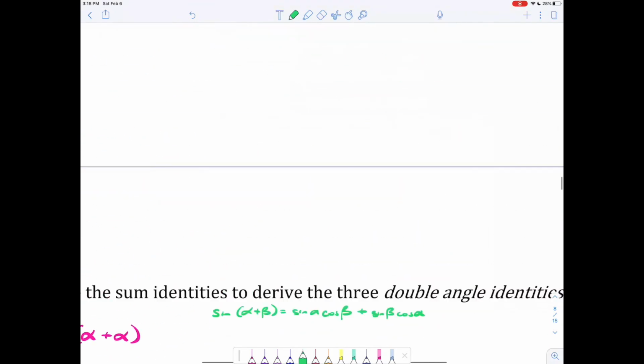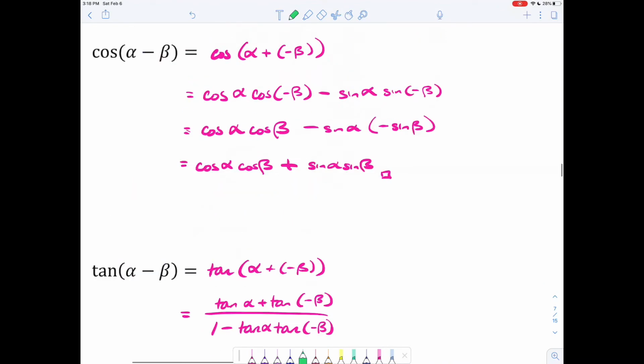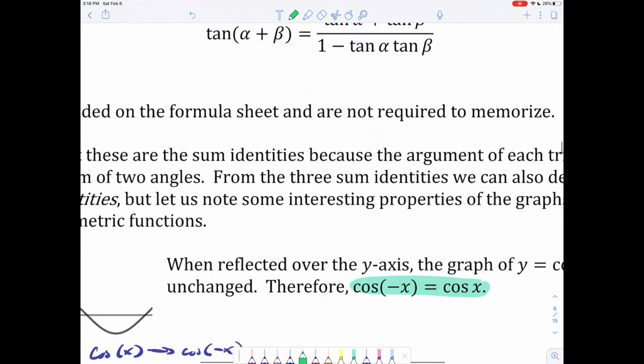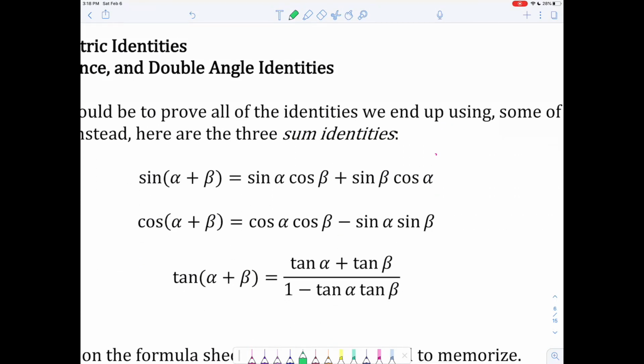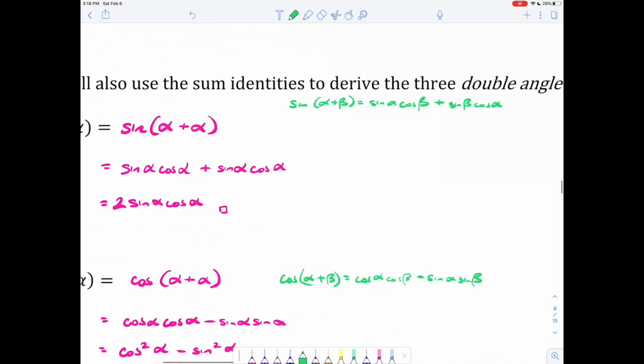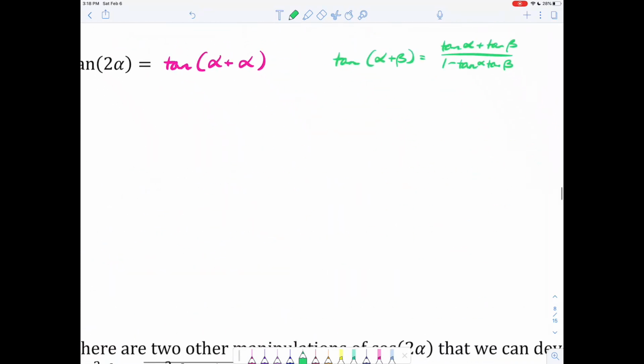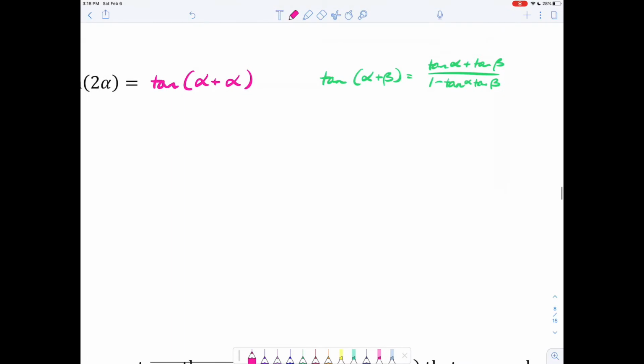Let's just double check. Don't want to make sure we're using wrong things. Minus. Excellent. Super. Swell. Splendid. And to turn this into the double, we're just going to replace all the betas with alphas.